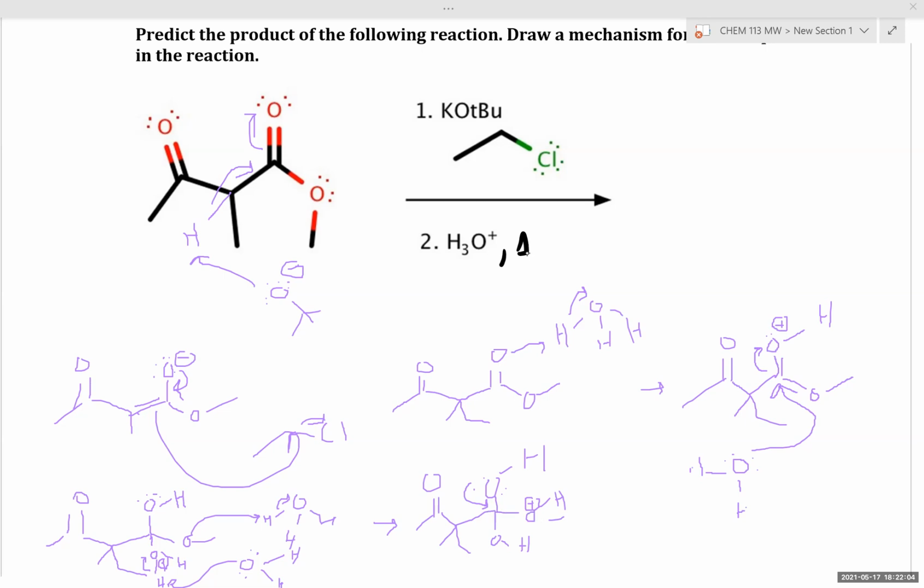So after a proton transfer, we can now kick out our activated alcohol leaving group and generate our carboxylic acid.